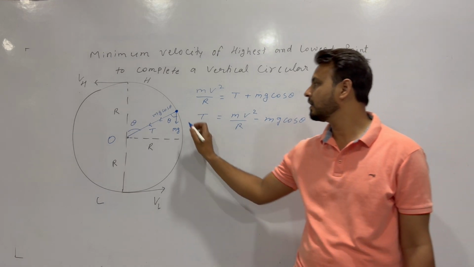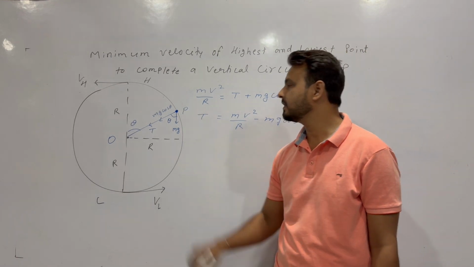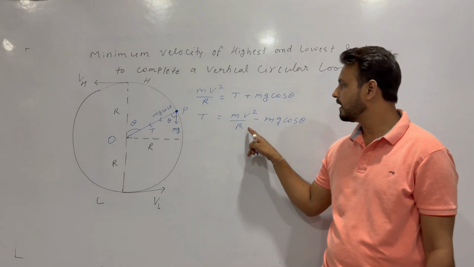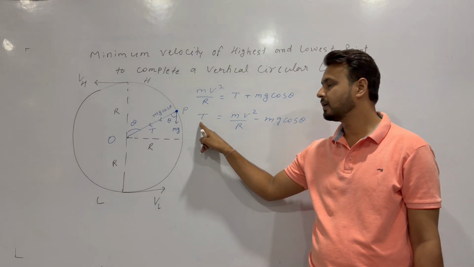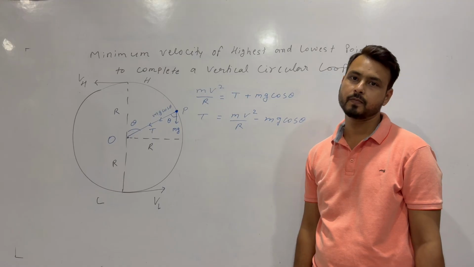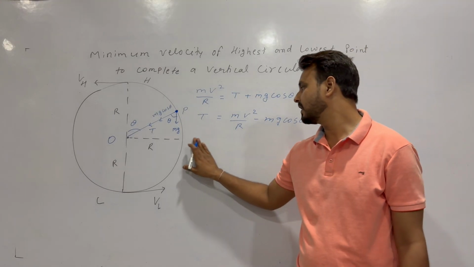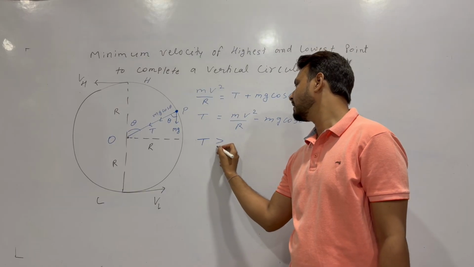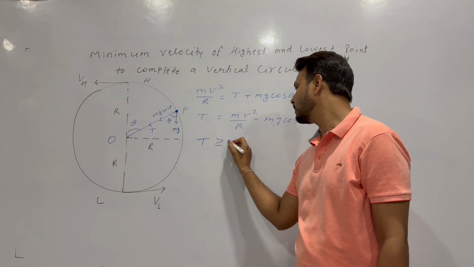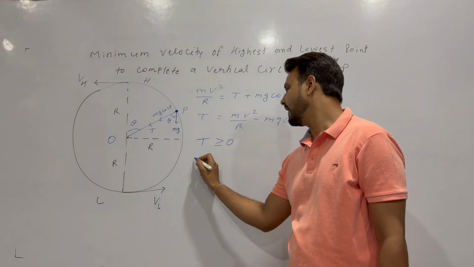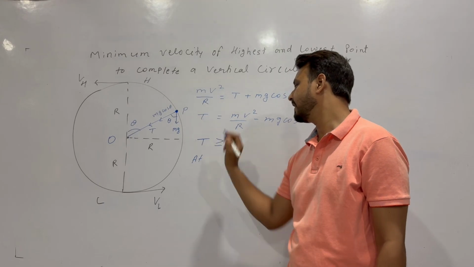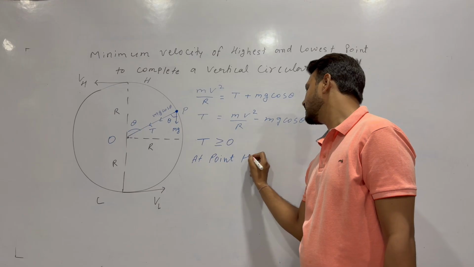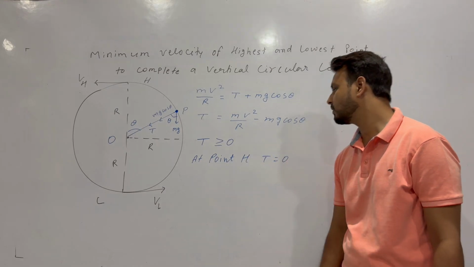So if the body is moving from P to H, its velocity will go on decreasing, and if velocity goes on decreasing, simultaneously tension will also go on decreasing. So I am taking the consideration that the possible value of tension could be greater than or equal to 0. So let at point H, or we can say at the highest point, the tension be equal to 0.